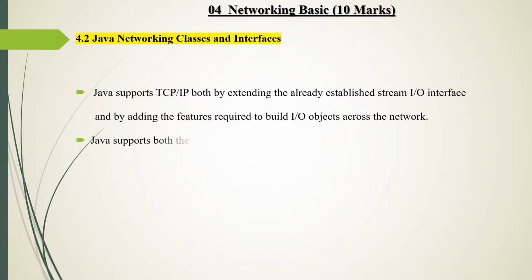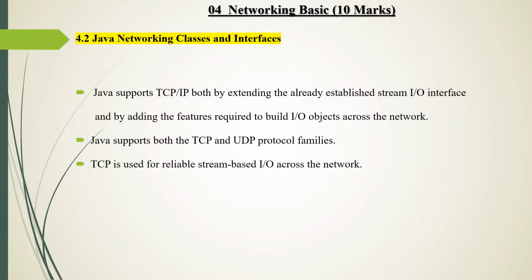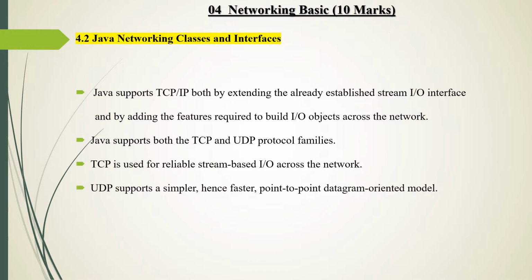Java supports both TCP and UDP protocol families. In the last lecture we already saw what TCP and UDP are. TCP is used for reliable stream-based input-output across the network, and UDP supports a similar, hence faster, point-to-point datagram-oriented model.